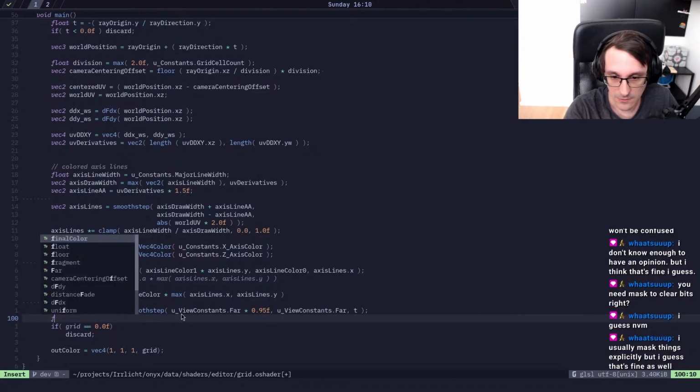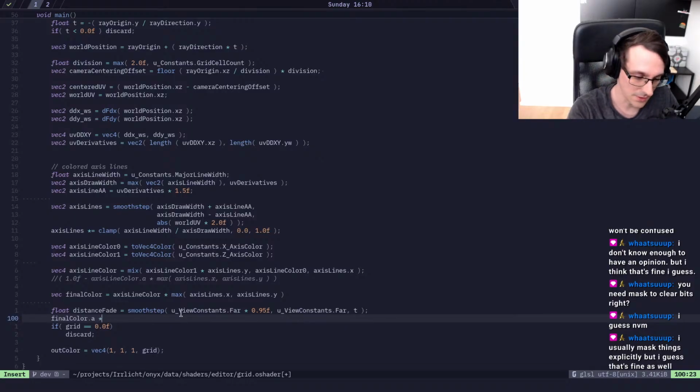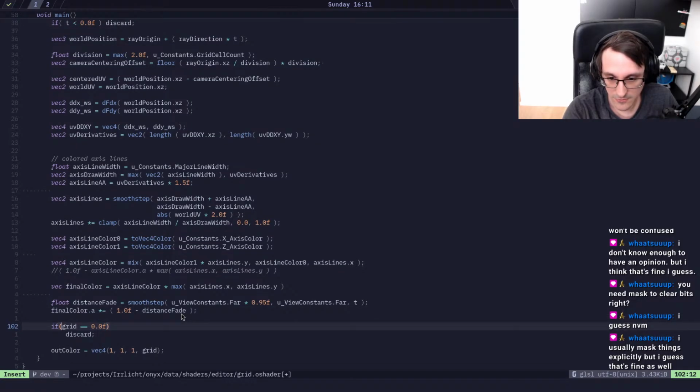And then our final color in the alpha channel scales based on that distance factor. And then if our final color in the alpha channel is less than, again, the epsilon, we discard.